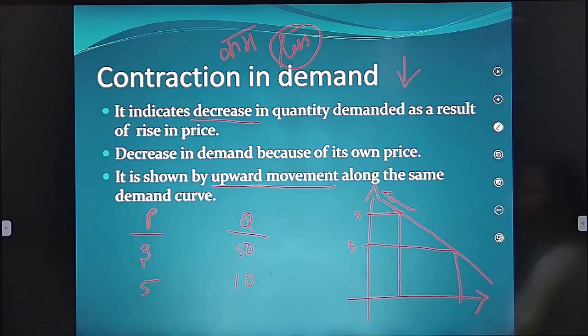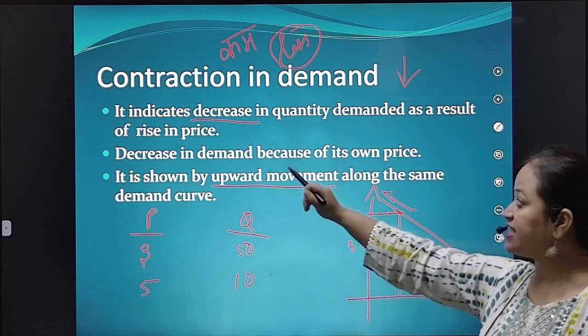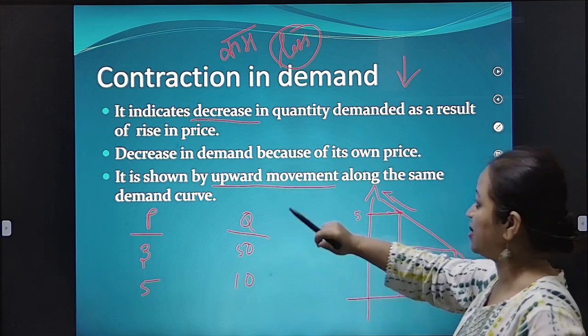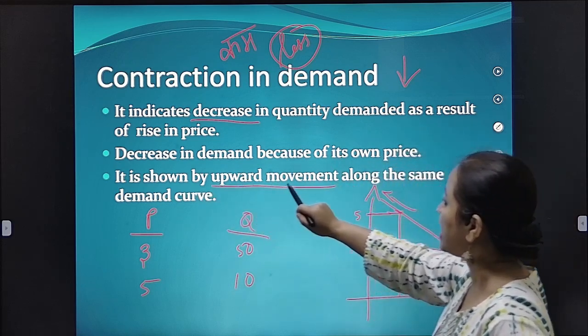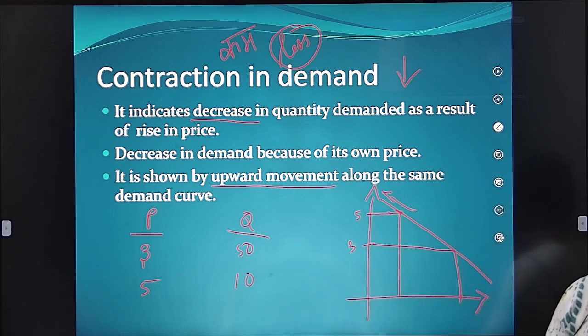So in case of contraction in demand, that you need to remember that contraction in demand is decrease in quantity demanded because of its own price, because of rise in price. And here it is shown by upward movement along the same demand curve. Fine? Clear? Clear? Understood? Okay.